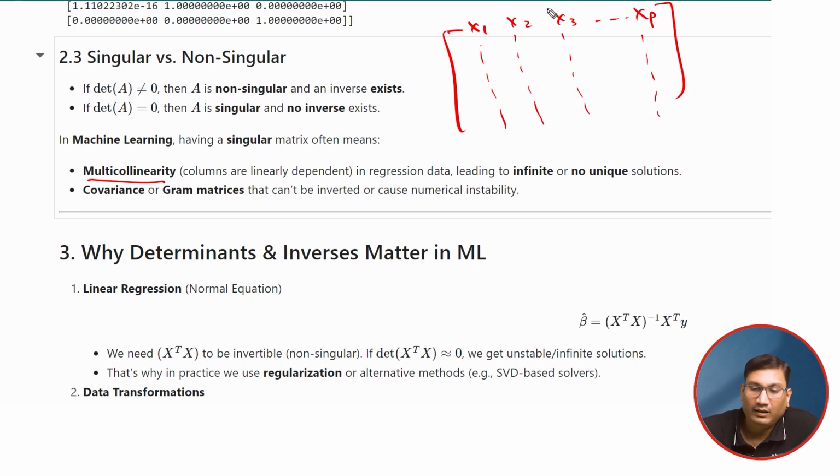Now imagine that x3 somehow is a linear combination of x1 and x2, or basically you can also think that x3 is just a product of x1 and x2, or addition of x1 and x2, or maybe the ratio of x1 and anything that you can directly derive using some other columns. So essentially then this becomes a derived feature. There is no unique information contained within x3 because the information is derived from x1 and x2.